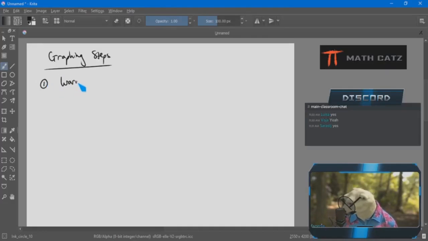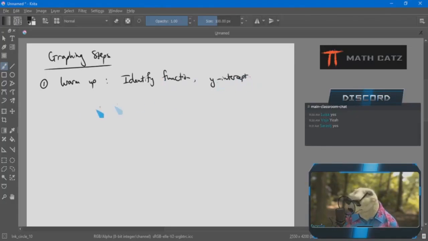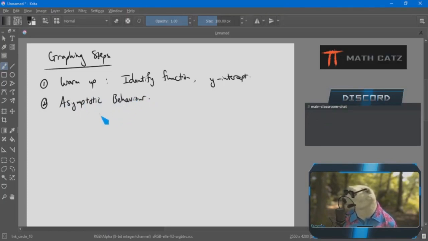We have our warm-up, where I just identify the function if I can and find the y-intercept. It's always nice to make some progress. Then we had our second step, asymptotic behavior, where I look at long-term behavior. Are there asymptotes?